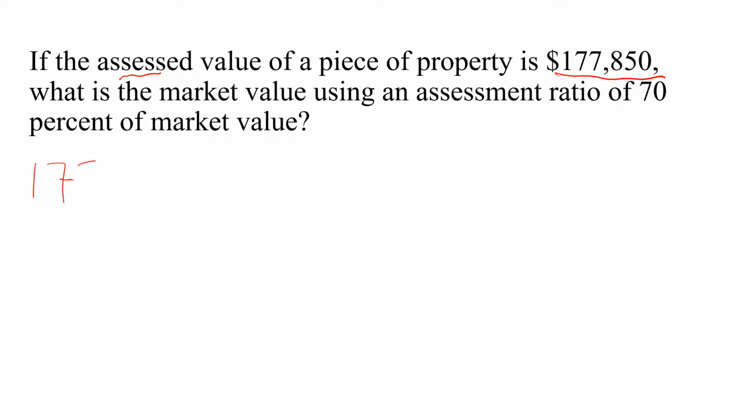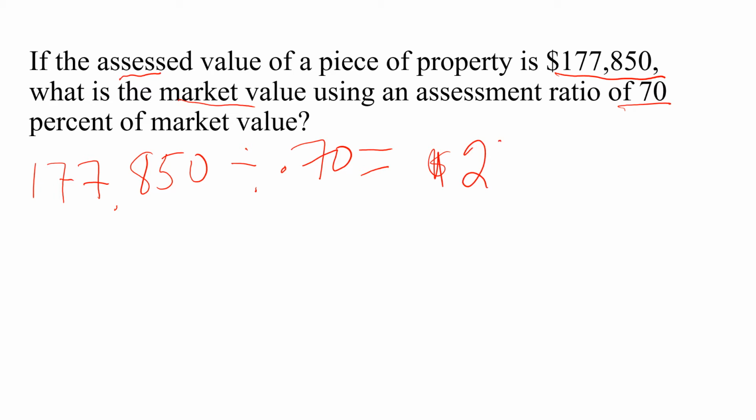So we have 177,850 divided by 0.70 equals 254,071. That is our market value on the property.